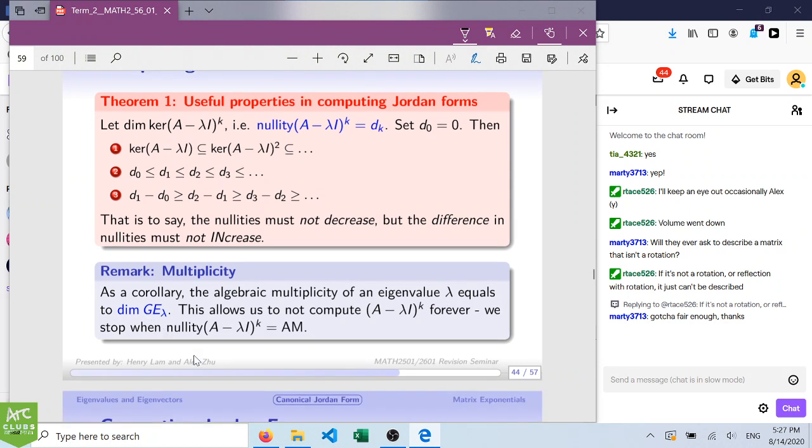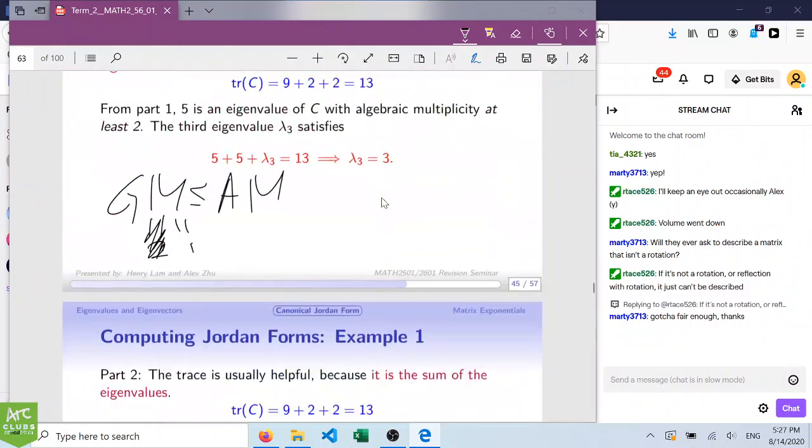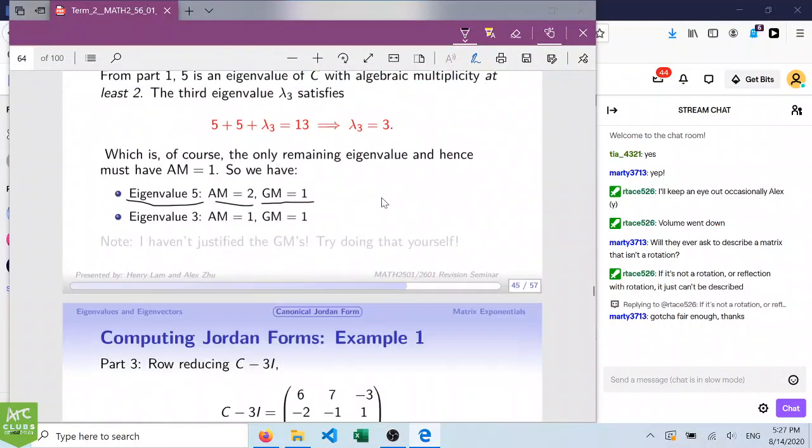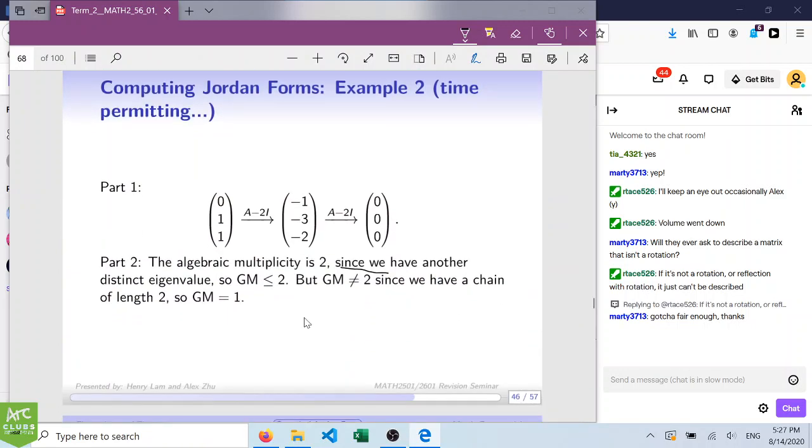We can see that the dimension here just equals the very last value of k such that the nullity is not 0, such that the nullity stops increasing. So our GM in this example is in fact 1.